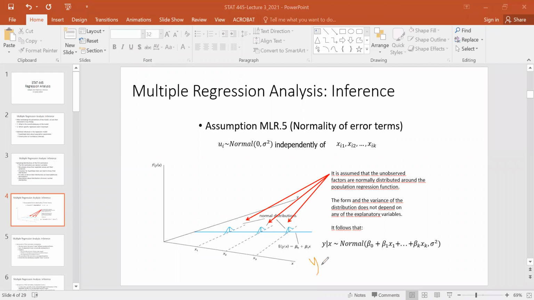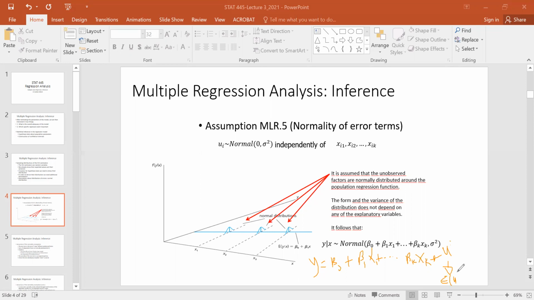And if you think of Y as beta 0 plus beta 1 x1 all the way to beta k xk plus our error term, then if you take the expectation of Y conditional on X, this is the only part that gets to have the expectation operate on it, right?